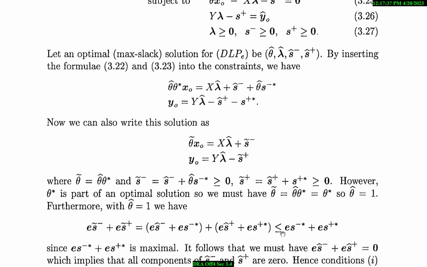So it is bigger than or equal to the objective function of any feasible solution.